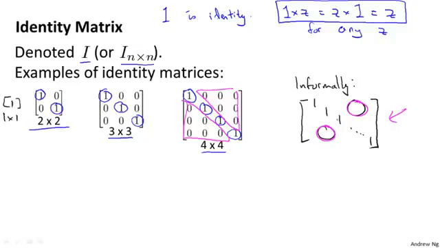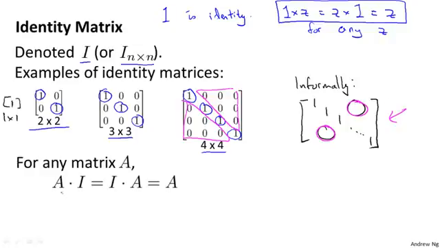It turns out that the identity matrix has this property that for any matrix A, A times I equals I times A equals A. That's a lot like the equation we had up here: 1 times z equals z times 1 equals z itself. So I times A equals A times I equals A. Just to make sure we have the dimensions right: if A is an m by n matrix, then this identity matrix here is an n by n identity matrix.